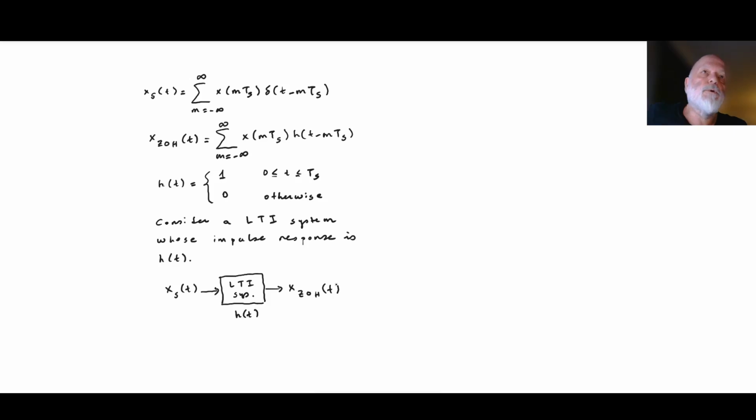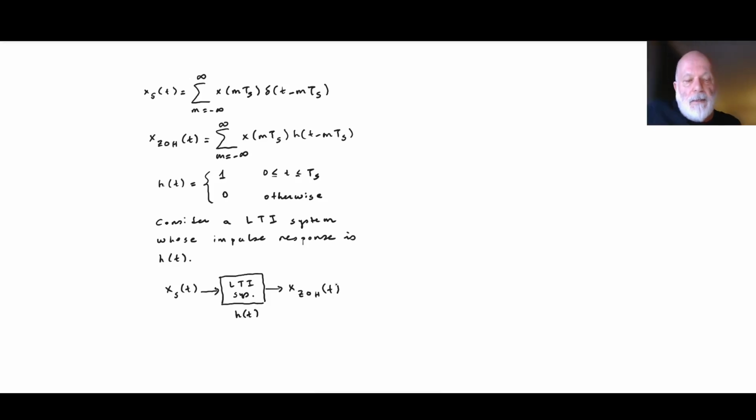In fact, the zero order hold signal x ZOH of t is obtained very easily by means of some hardware, by just measuring the value of the signal at a specific time instant and keeping that as the constant value for the following Ts time units, and repeating this for every sampling time instant.